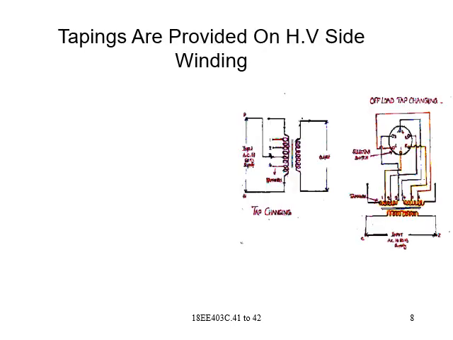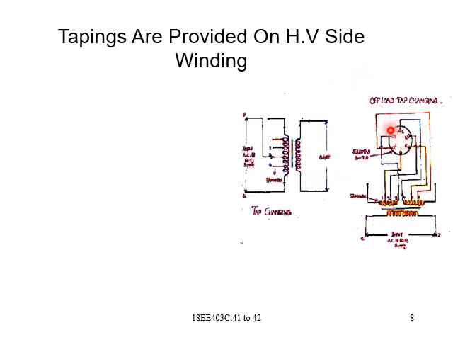Tappings are provided on HV side windings. Generally the tappings are provided on the high voltage side winding. You can see here, this is HV side and this is LV side, as I've shown you previously. This is the input AC supply. The number of tappings are 1, 2, 3, 4 and so on. And this is the secondary output.